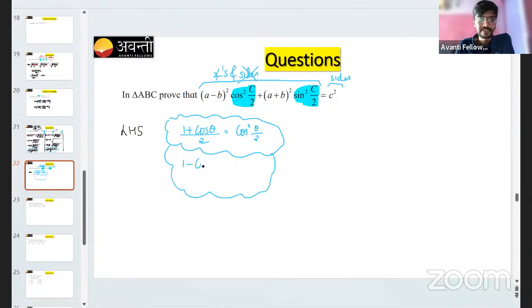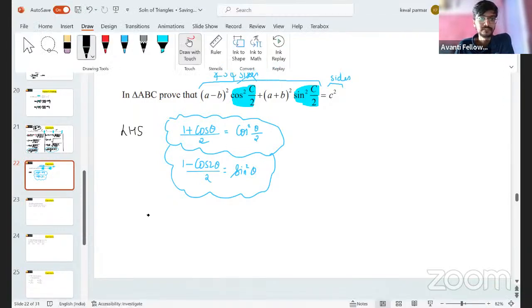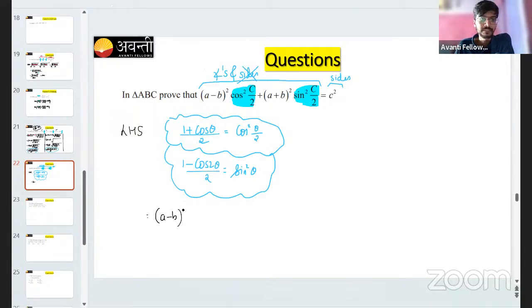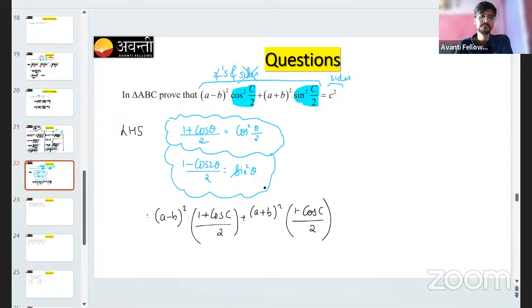It was 1 minus cos 2 theta by 2 is equal to sine square theta. So I'll use both these formulas in LHS. So my LHS will become a minus b the whole square into 1 plus cos c by 2 plus a plus b the whole square into 1 minus cos c by 2.